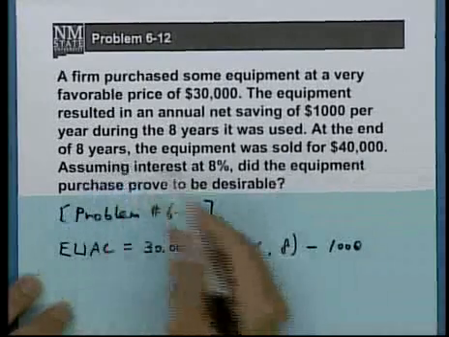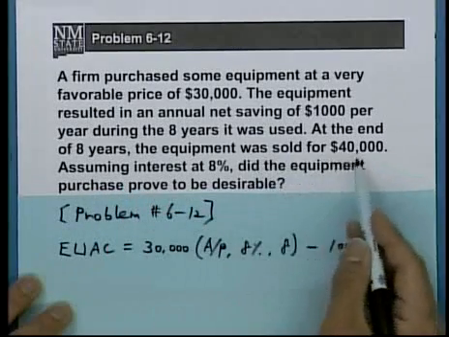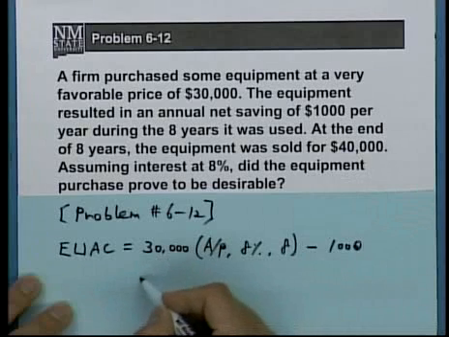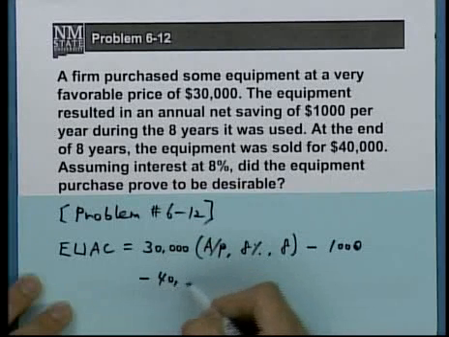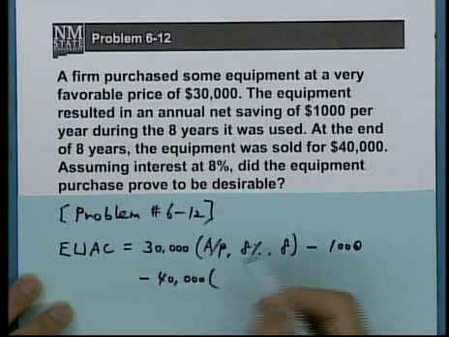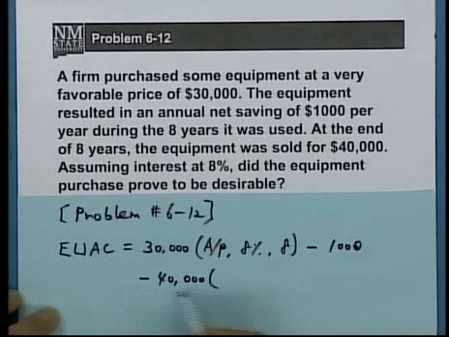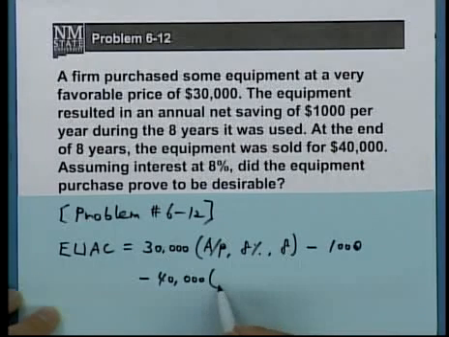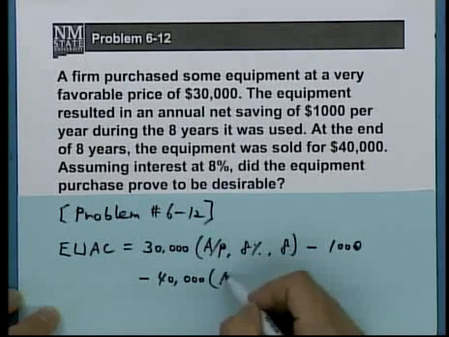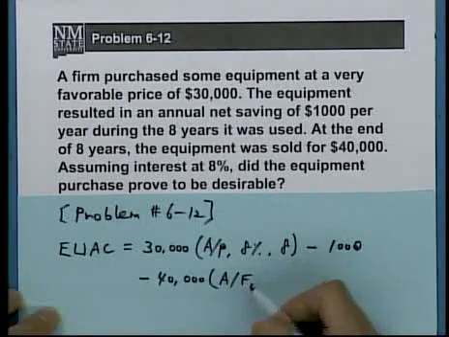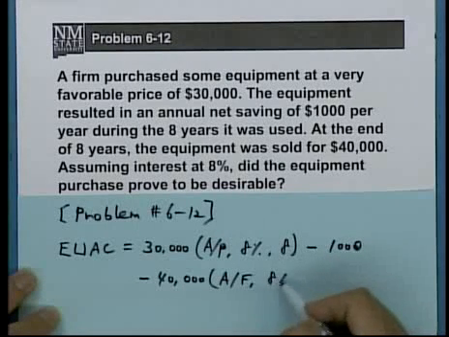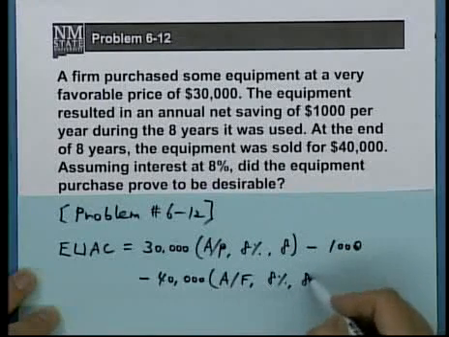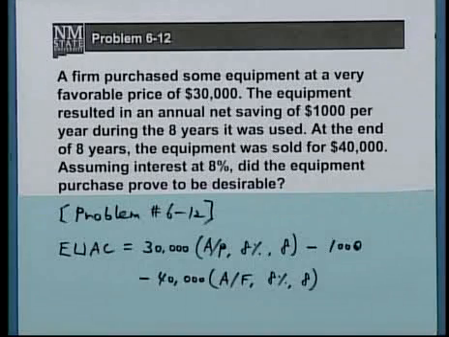And at the end of 8 years, the equipment was sold for $40,000. So negative $40,000. Also, this amount of money should be converted to the equivalent uniform series. So A given F, 8% over 8 periods. Okay.